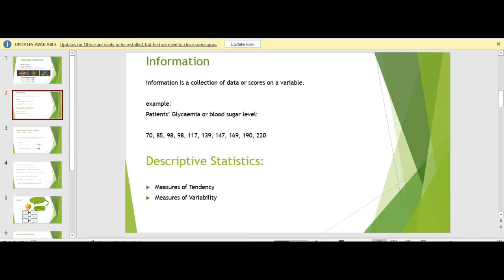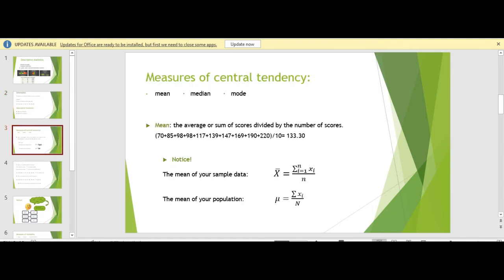We can take a distribution and calculate measures of tendency and measures of variability. Measures of tendency are like mean, median, and mode, and measures of variability are like range, standard deviation, and variance. But what is the mean? Mean is basically the average or sum of scores divided by the number of scores.